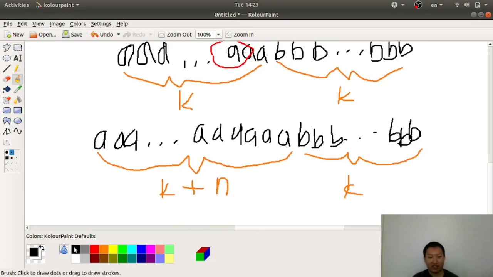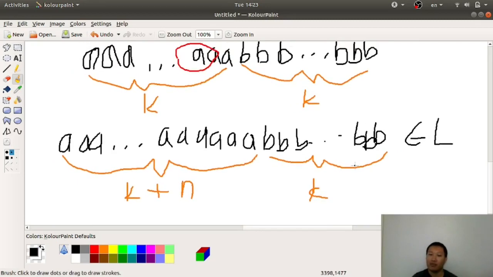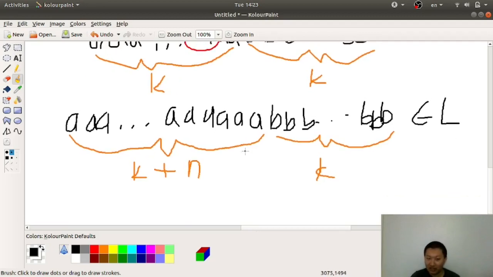And the pumping lemma tells us that this has to be inside our language, because we can pump the string as many times as we want and we get another string which is inside our language. But you'll notice the number of A's and the number of B's are different. So that means this cannot be in our language, and so we've led to a contradiction. We have shown that this string is in our language, and we also know that this string is not in our language because the number of A's and the number of B's are different.